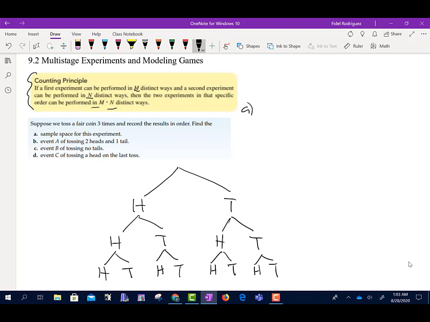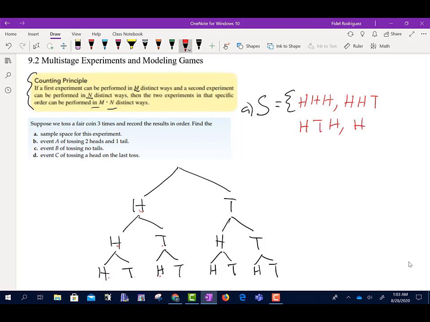So for part A, we're going to find our sample space, okay? Now remember, we're going to flip our coin 3 times. So it's possible that we get heads, heads, and heads. So this would be one possibility. Or we could get heads, heads, and tails. Or we can get heads, tails, and heads.